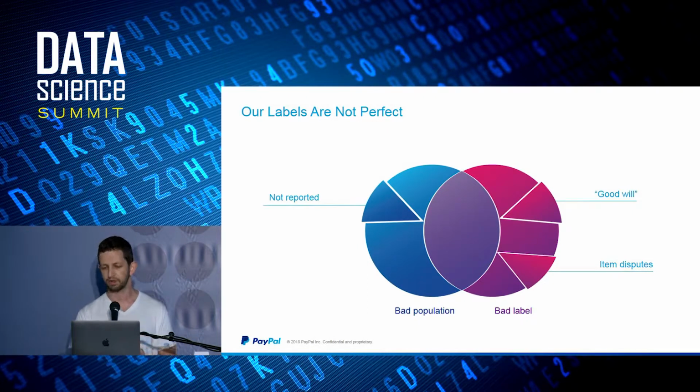Another similar but slightly different issue is something called item dispute. If the user purchased something through PayPal and didn't receive the item, PayPal also issues a refund. But technically, the user was not supposed to file an unauthorized transaction claim. He was supposed to file a different type of claim.